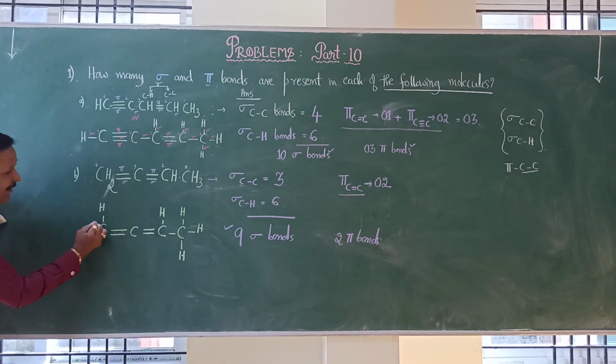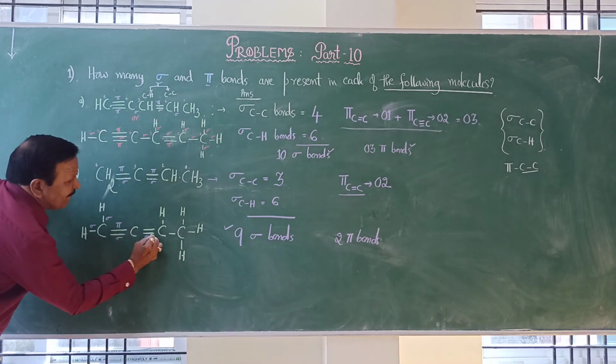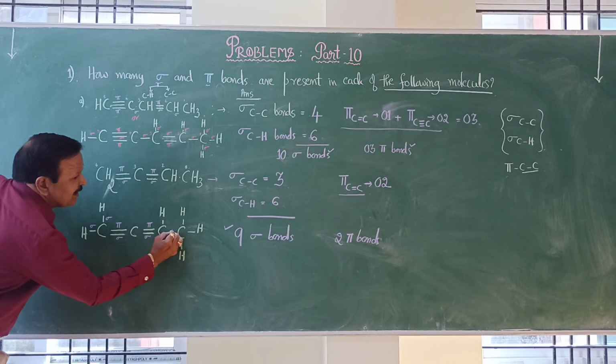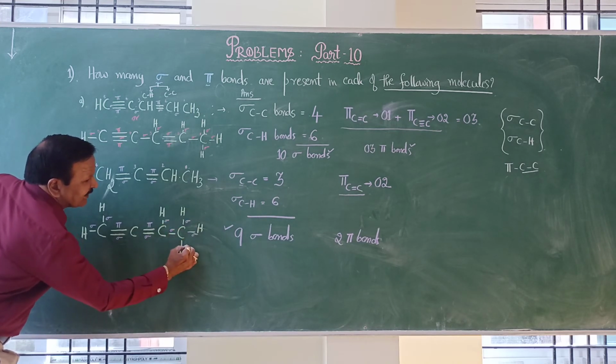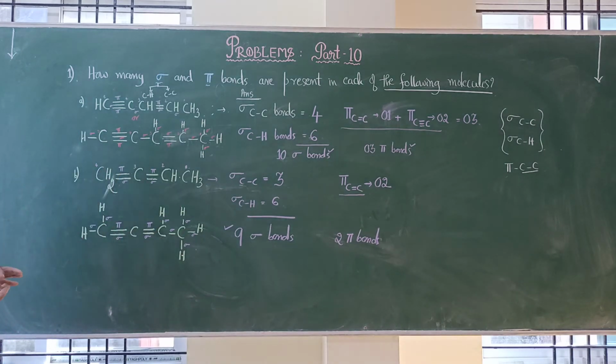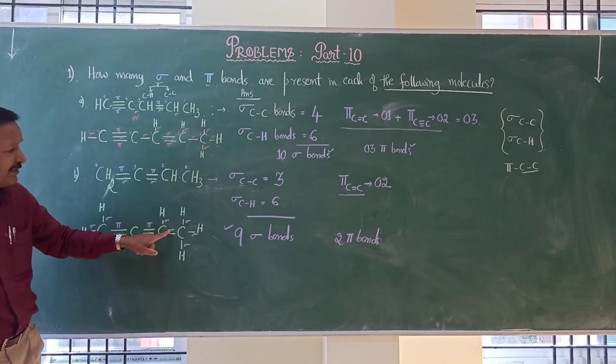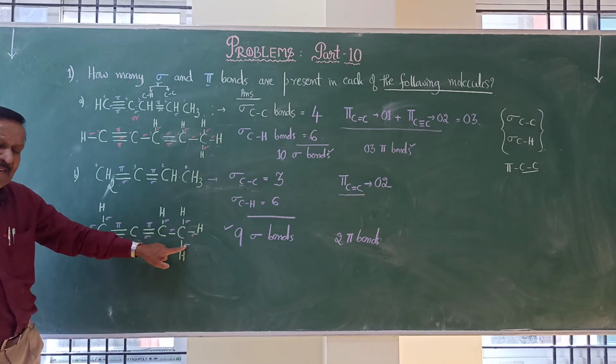Single bonds are sigma, double bonds are sigma plus pi. Single bonds are sigma, sigma, sigma and sigma. So count 1, 2, 3, 4, 5, 6, 7, 8, 9.